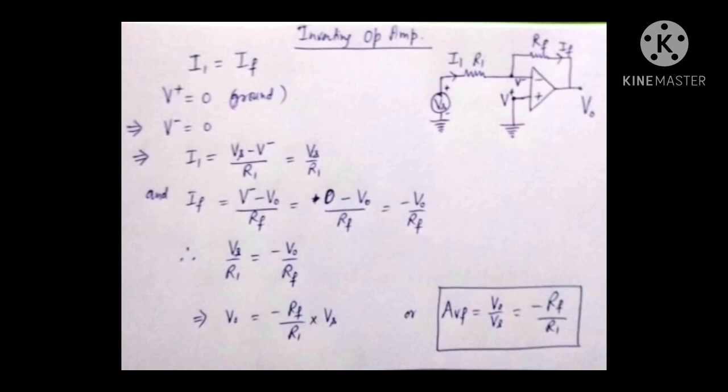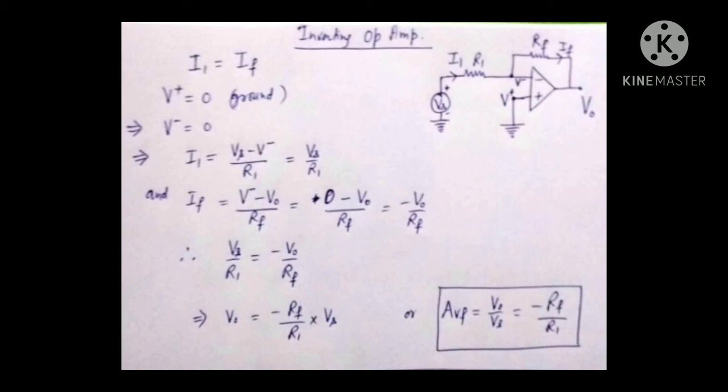Now let us calculate I1. I1 is equal to the voltage drop across the R1 divided by R1. The voltage drop is Vs minus V minus. As V minus is 0, I1 is given by Vs by R1. Now let us calculate IF.